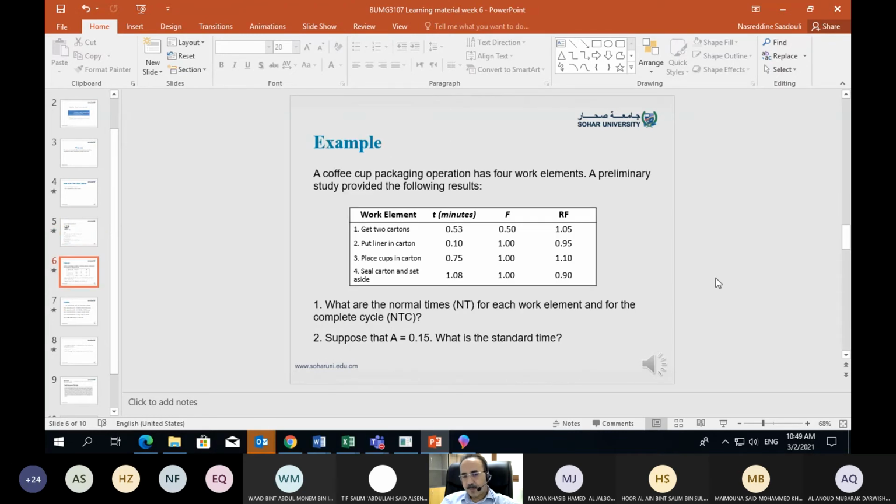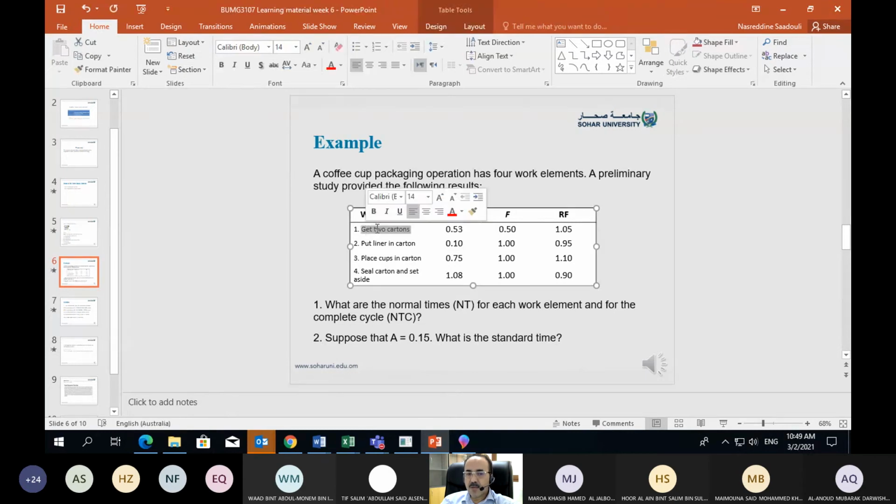As an example, in this case it clearly says what is T, what is F, what is RF. But if you do not have these mentioned, you can typically tell. T is the time in minutes. F is the frequency. How many times is it done? For instance, the first work element here says get 2 cartons.